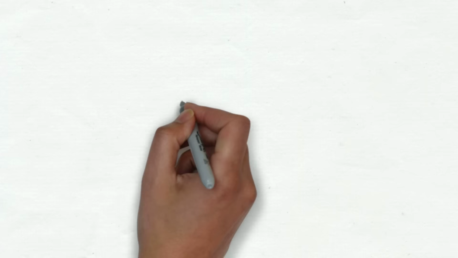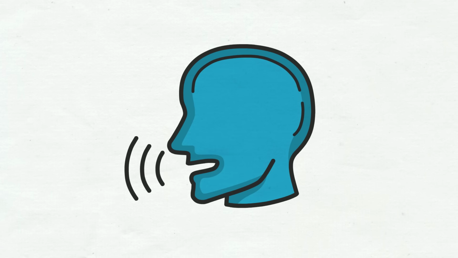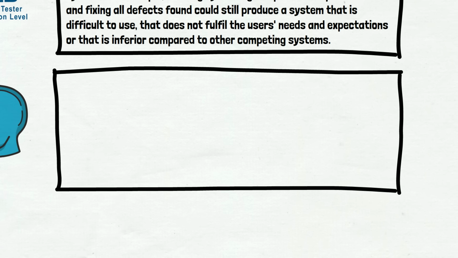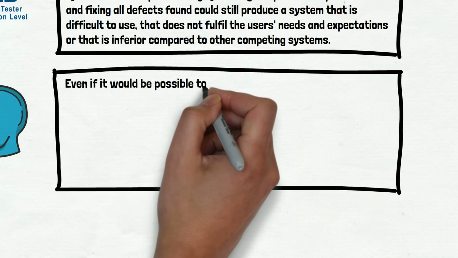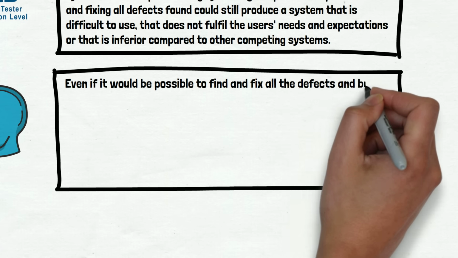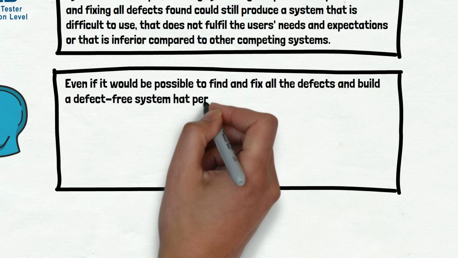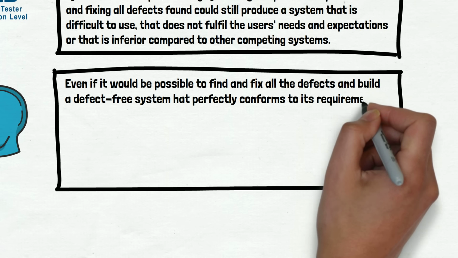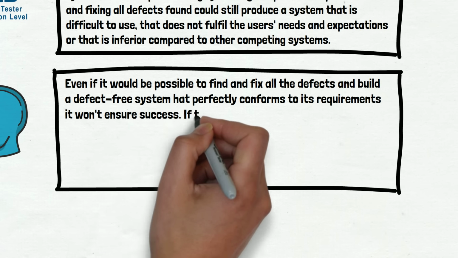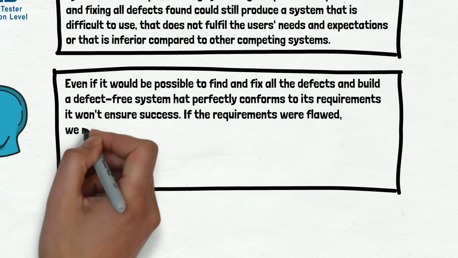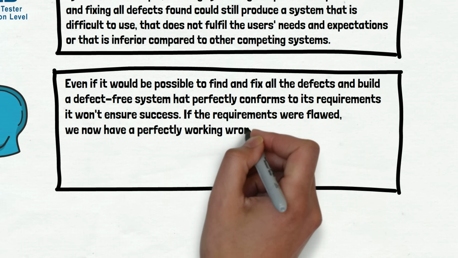Let's try to say something about it in human language. Even if it would be possible to find and fix all the defects and build a defect-free system that perfectly conforms to its requirements, it won't ensure success. If the requirements were flawed, we now have a perfectly working wrong system.